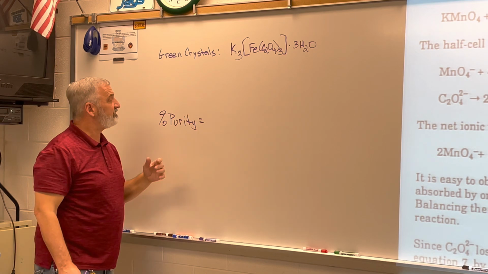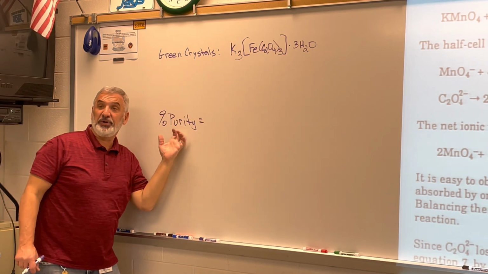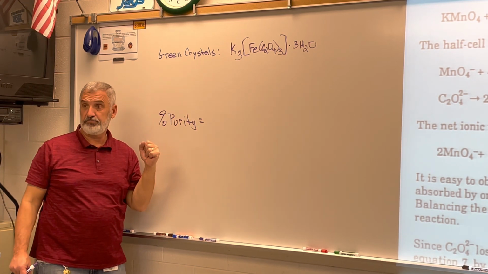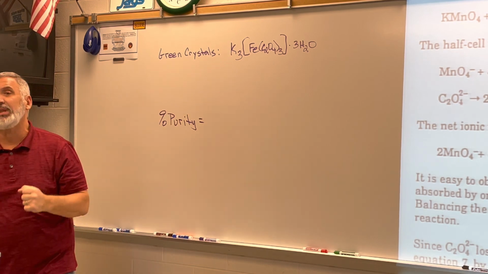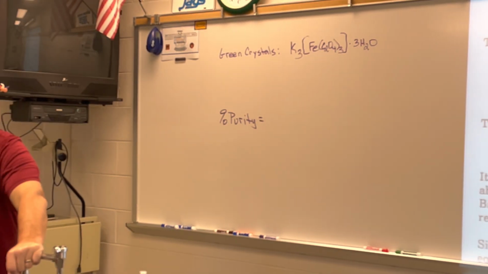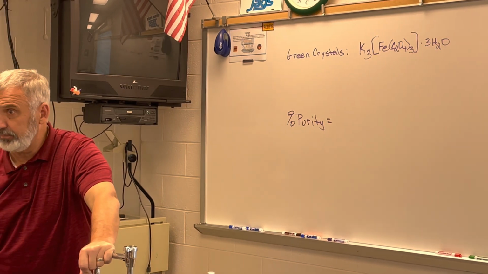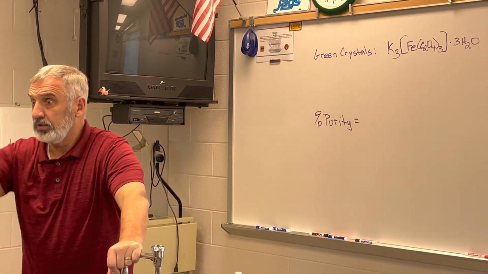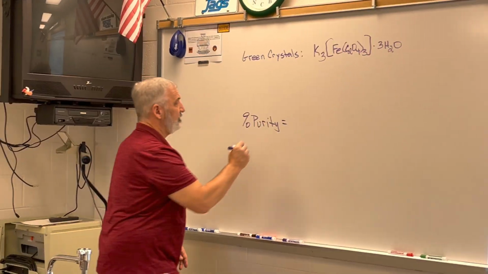Okay, but if I'm saying percent purity, what does that imply if I'm trying to calculate percent purity? It's not pure. It may not be all pure. So how do I calculate percent purity? What over what? Part over the whole, okay?